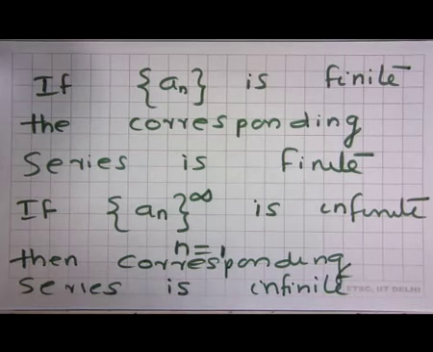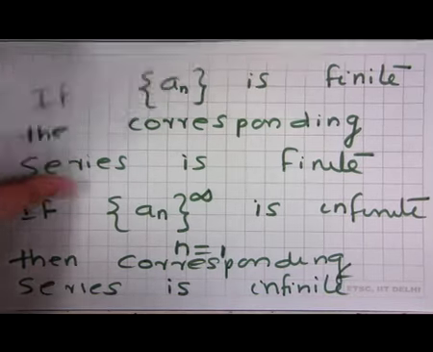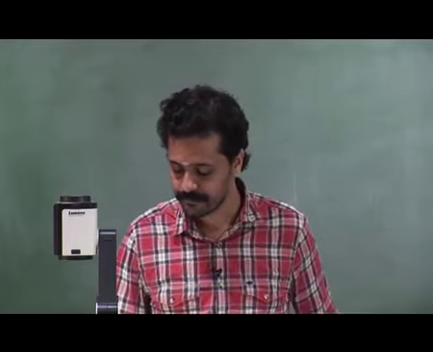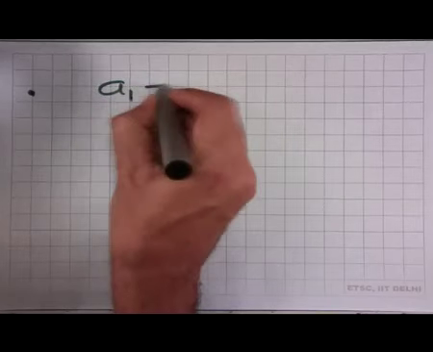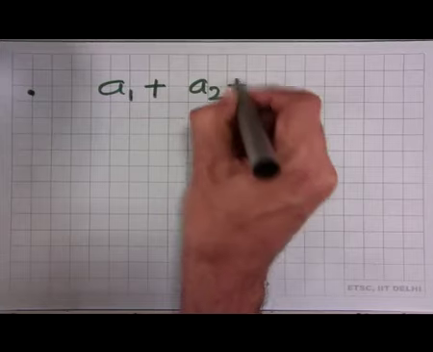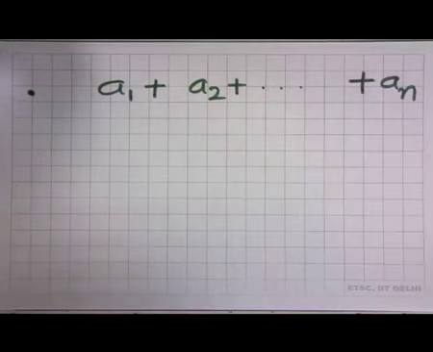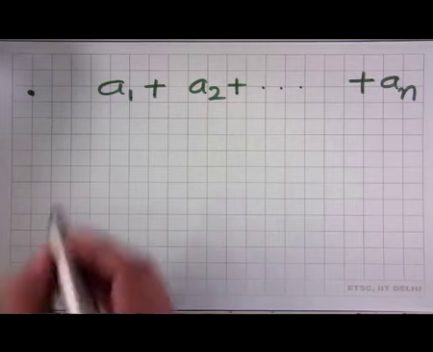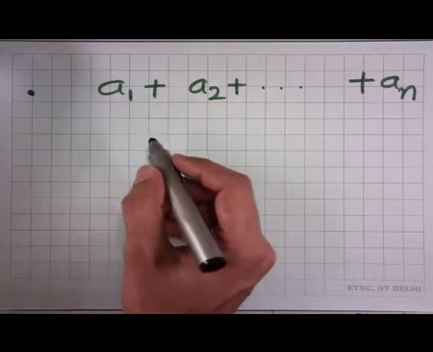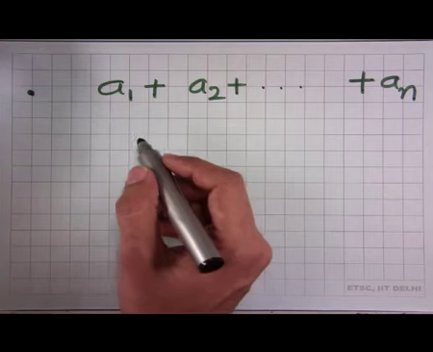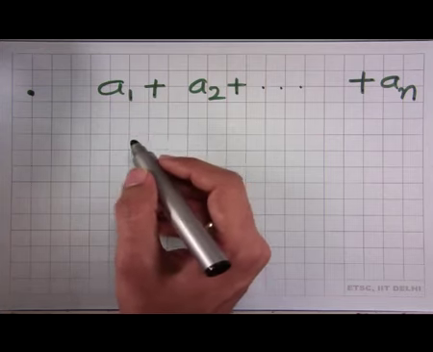Note that a finite series, which may look like a1 plus a2 plus etc. plus an, is just a sum of finitely many real values.